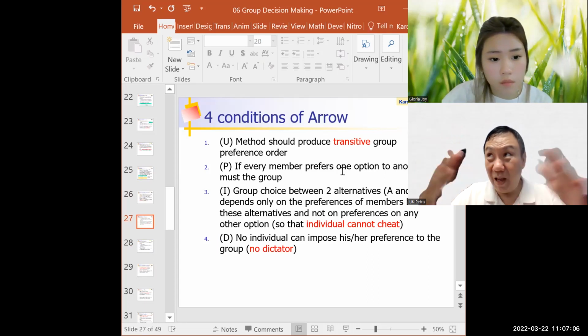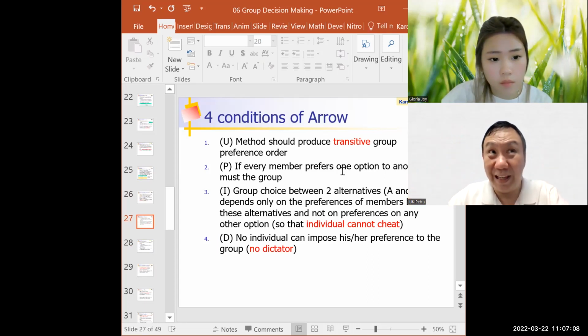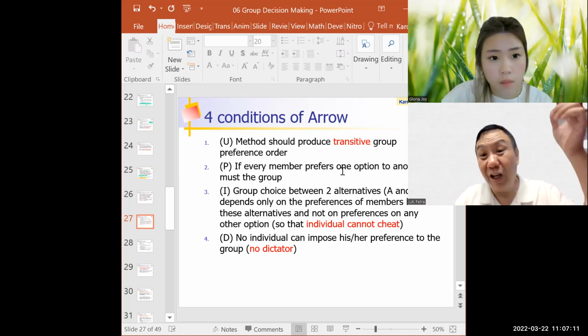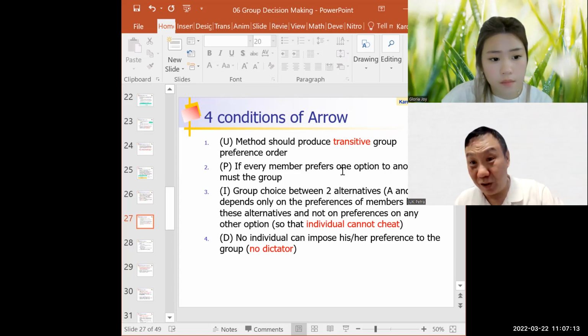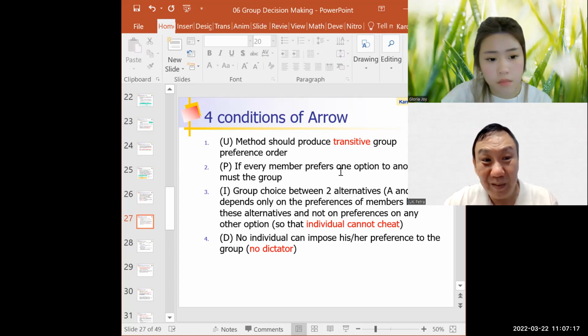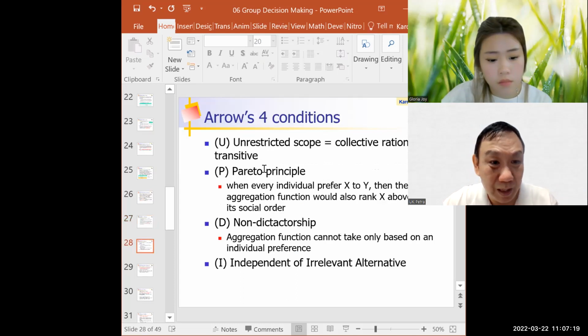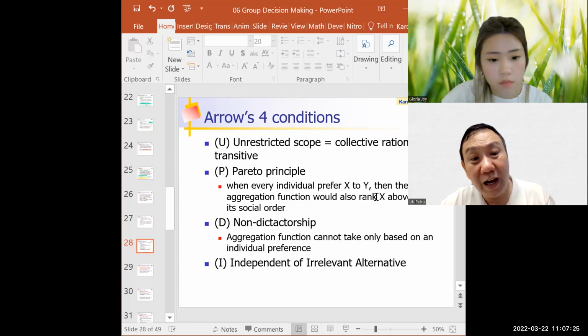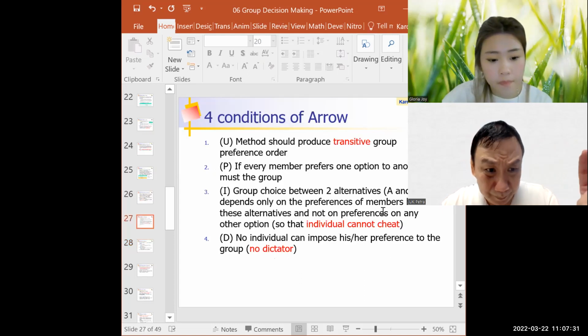If everyone in the group prefers X compared to Y, then the group must also prefer X compared to Y. This is called the Pareto principle. When every individual prefers X to Y, the aggregation function would rank X above Y in the social order. This is the second condition.